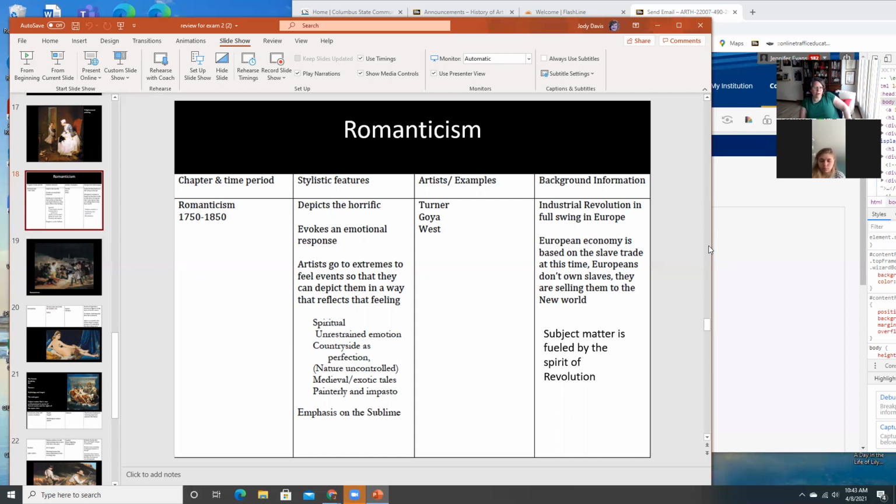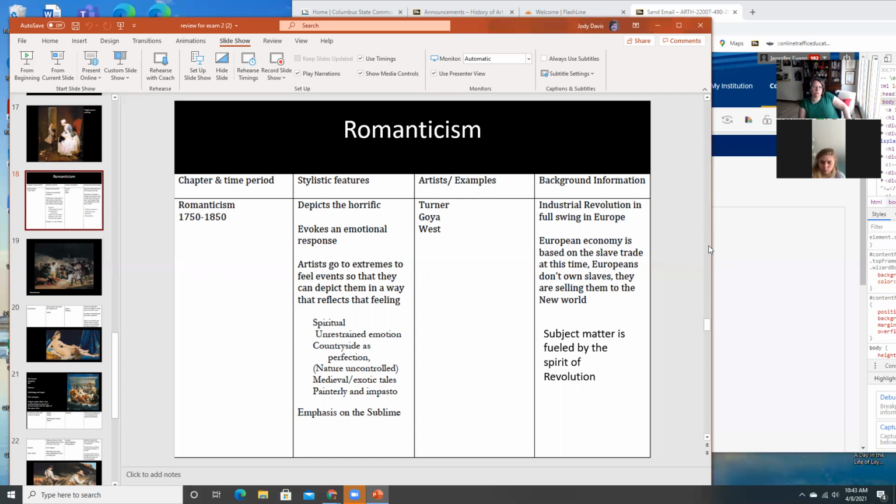The subject matter of Romanticism is fueled by the spirit of revolution. We get artists like Turner and Goya and West. Stylistically, we see scenes that depict the horrific. They evoke an emotional response.